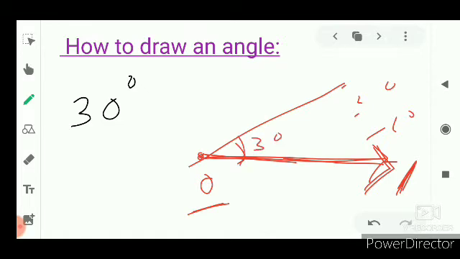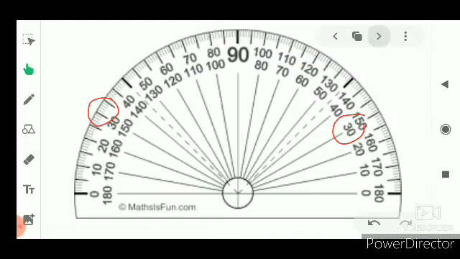When you choose this as the starting arm, you start counting from this point: 10, 20, 30. In that situation, this 30 will be considered. So this will be your 30 degree.